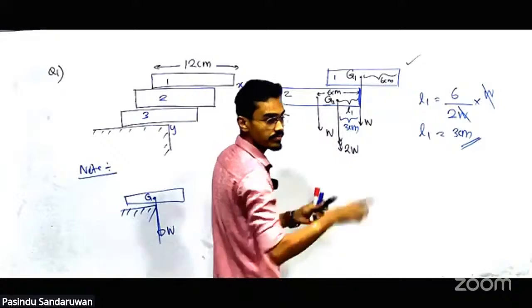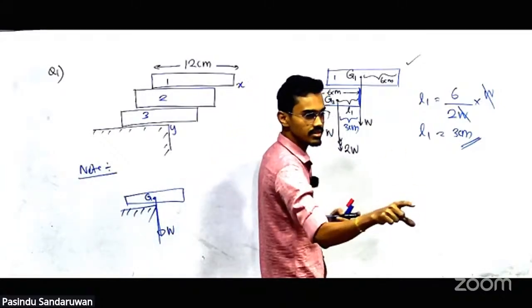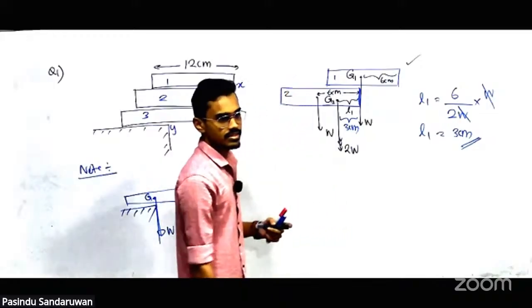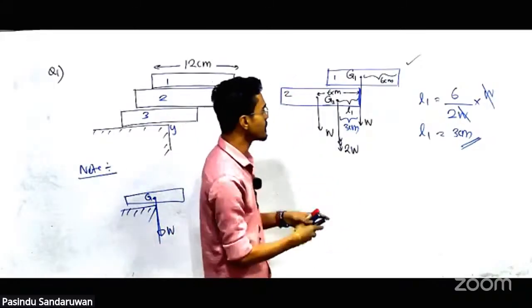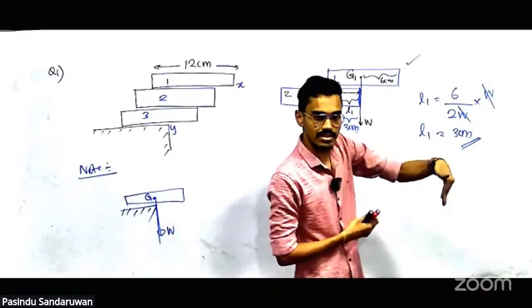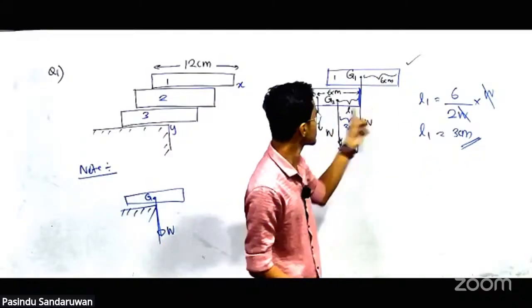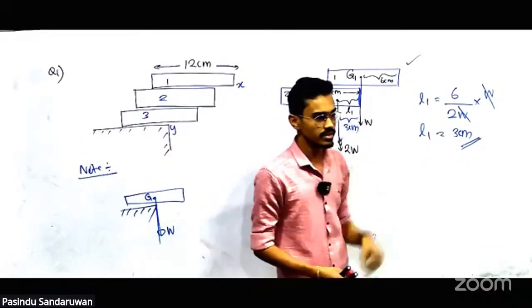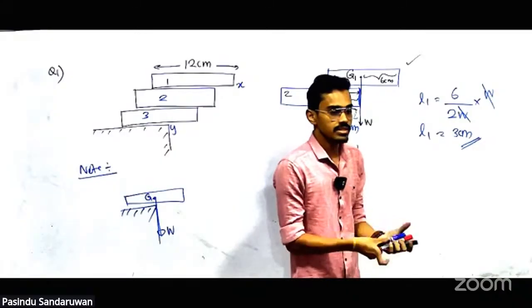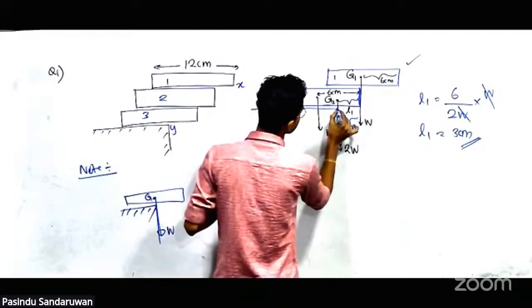So if that center of gravity is at the edge of the border, the system of two books won't fall. Got my point? This is the resultant weight now. If that resultant center of gravity is at the edge of the border, and I consider both of them as a single system, it won't fall. Got it? So therefore, the third book should be kept like this, isn't it?